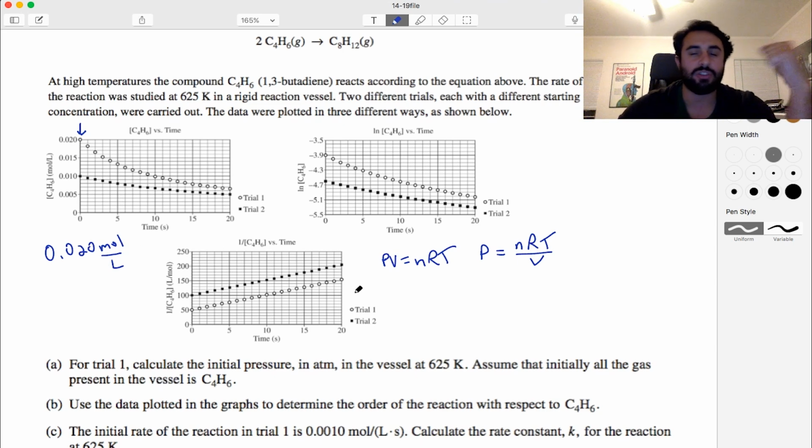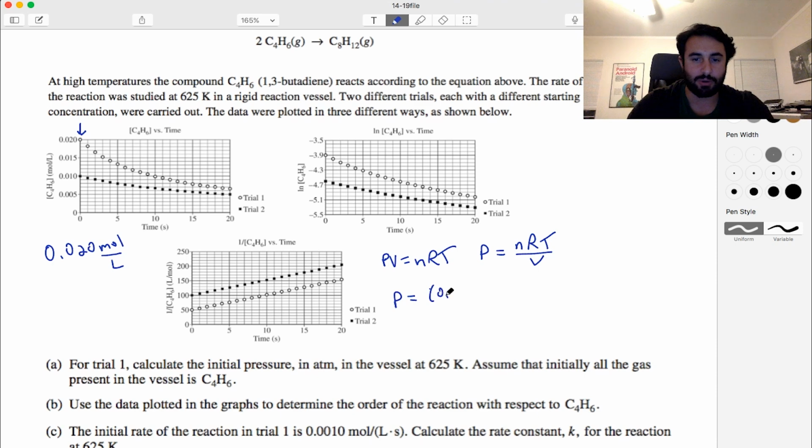So we can just assume 1 liter and put 0.02 moles over 1 liter, or anything that is proportional to that. Why not keep it easy and just keep it 1 liter to make the math nice and easy? So let's assume 0.02 moles and 1 liter. Then R is just the gas constant and temperature we're given, so we can plug all that in.